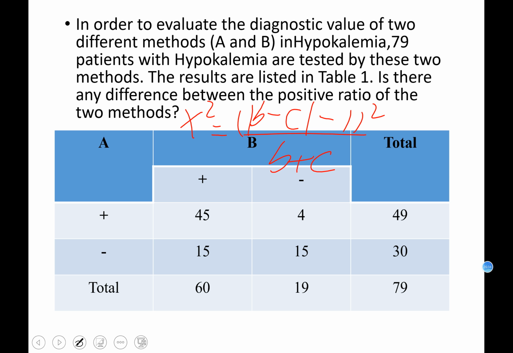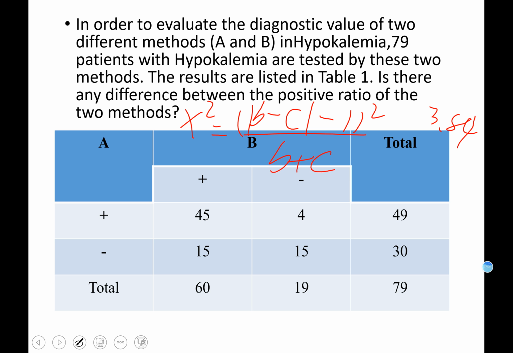So that is the corrected formula. We just put all the numbers into the formula and we can get the chi-square value. The other things are the same as in the first example. We need to compare this chi-square value with 3.84, and then we can get the result and the conclusion.